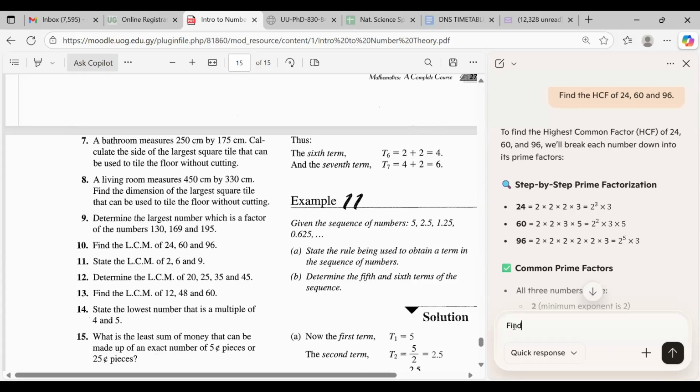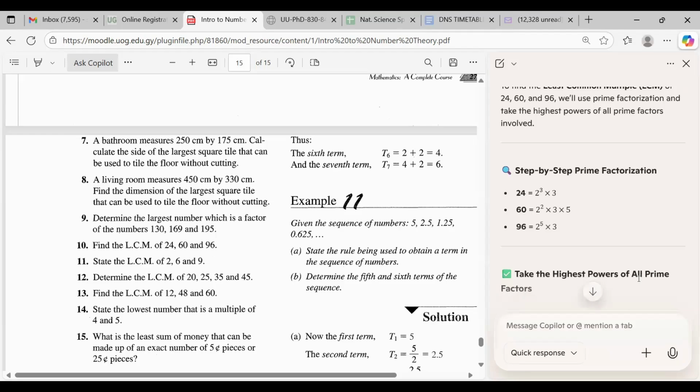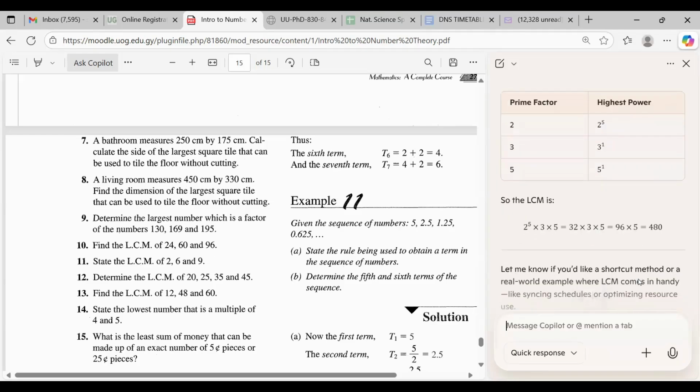Find the LCM of 24, 60, and 96. Okay. Let's see what they will do. Maybe they will use a different method, but let's see. Okay, they're doing a different thing too.